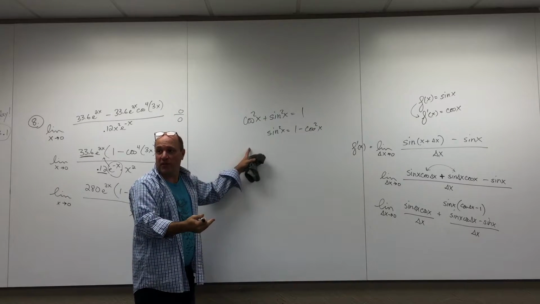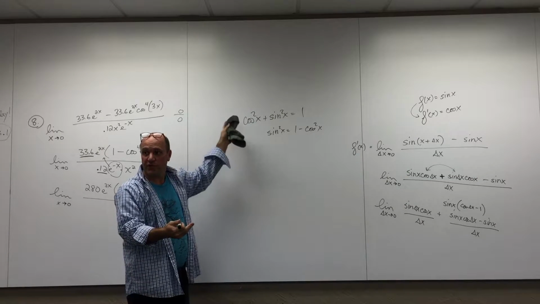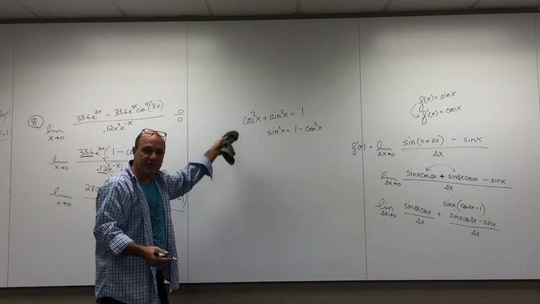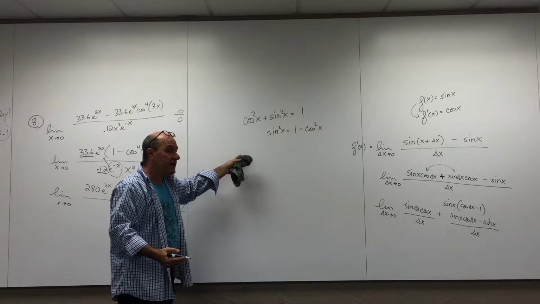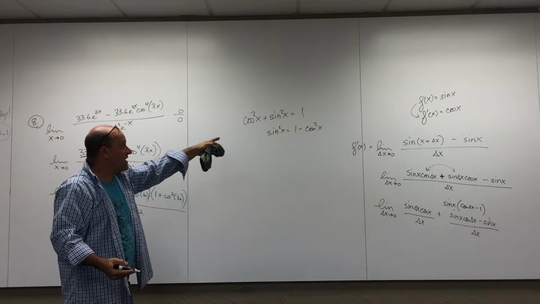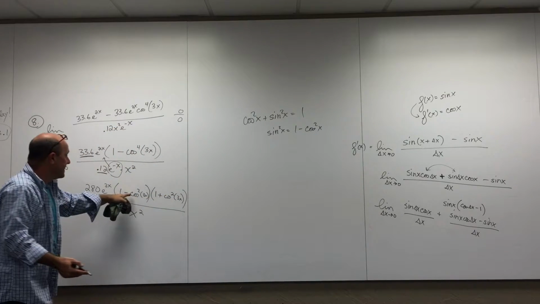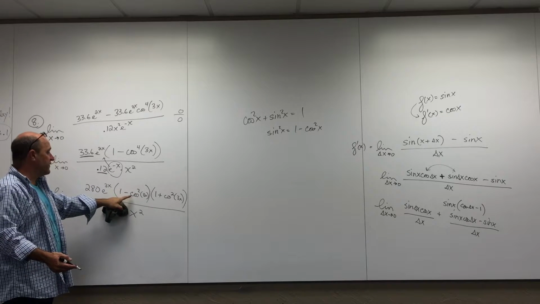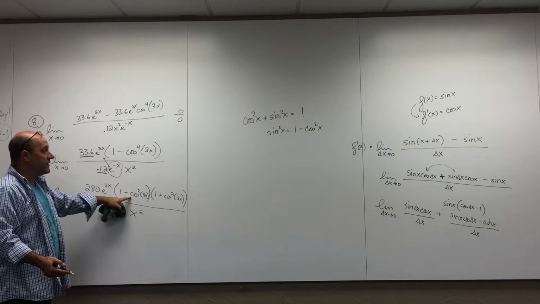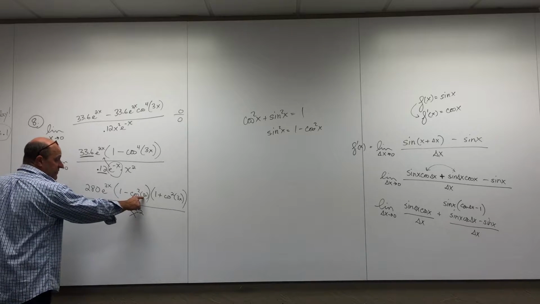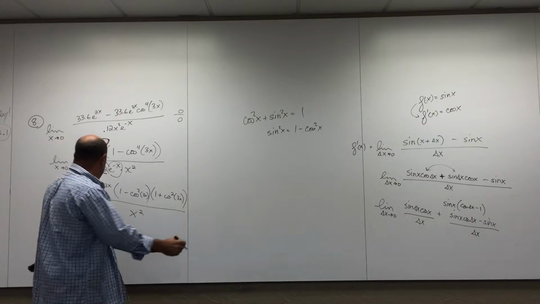Those are a couple other versions which are useful. But I want to use that concept right there. That 1 minus cos squared could be turned into a sine squared 3x.